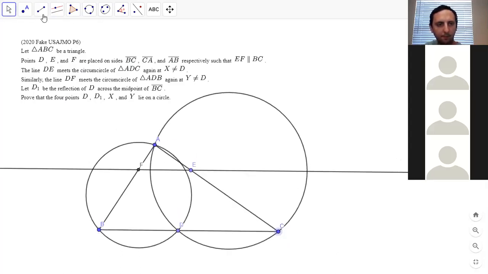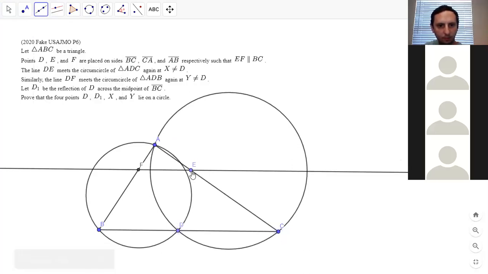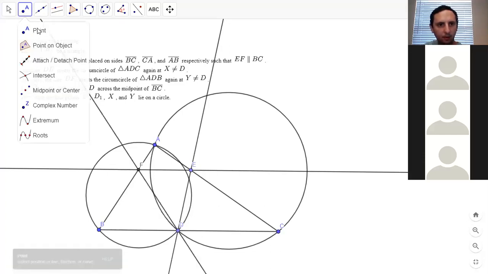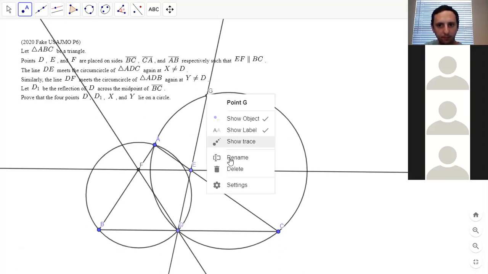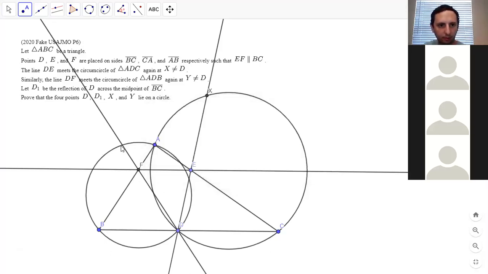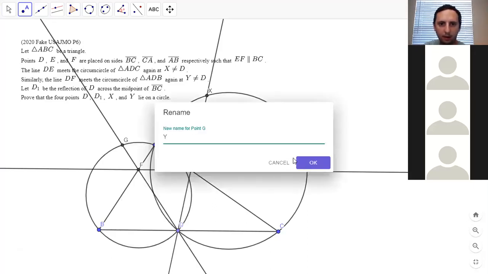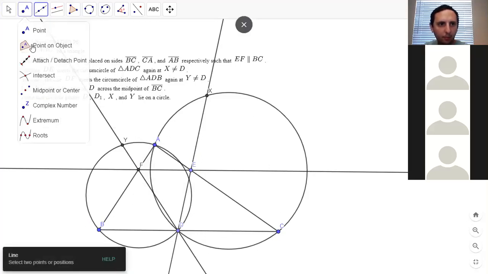DE meets this circle at X, and DF meets this circle at Y. And D1 is the reflection of D across the midpoint of BC.